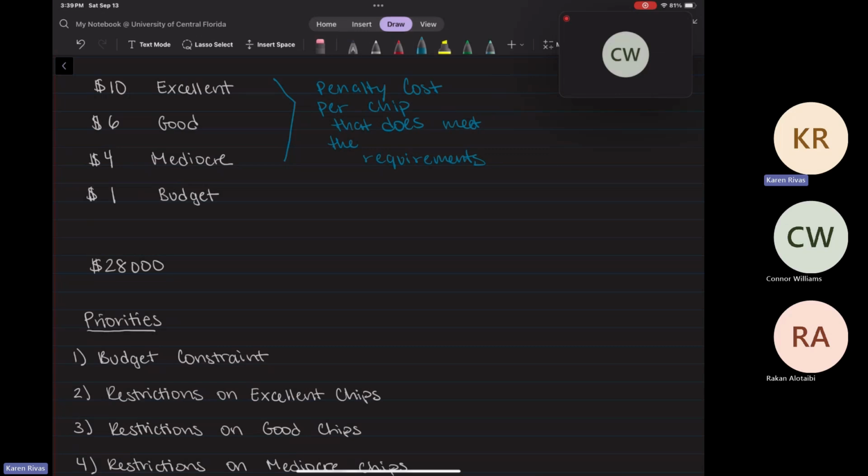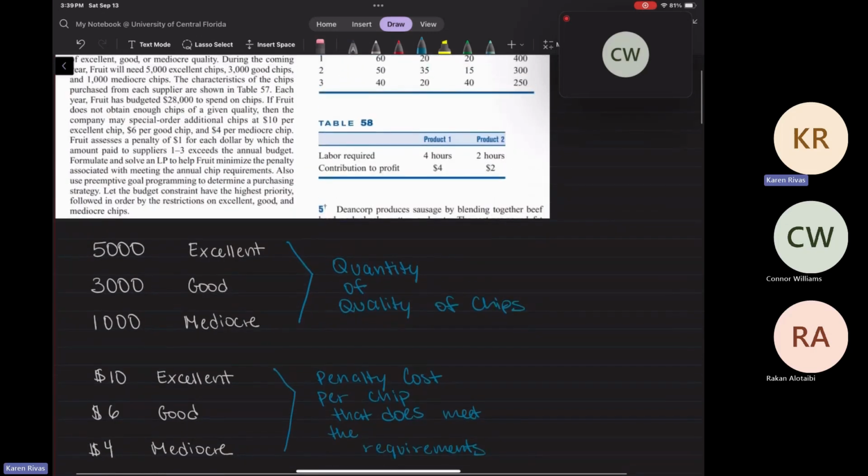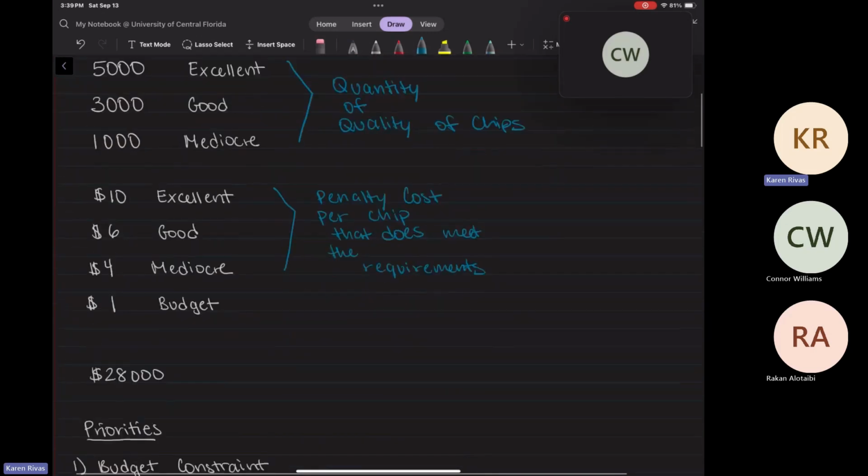Additionally, there is another penalty for each dollar that exceeds the budget. So for every dollar that goes over our budget of $28,000, there would be a $1 penalty.